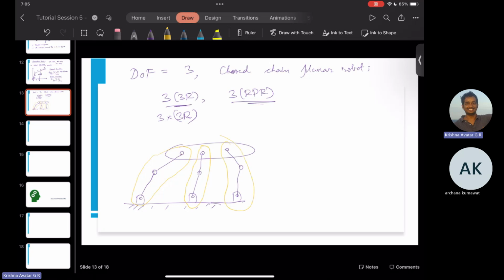So this is an example of 3R planar robots, and it has a degree of freedom 3.